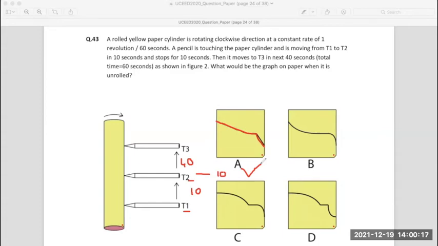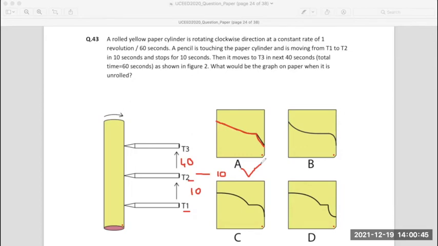Also another key to remember, if you place a pencil on a rotating cylinder, it will always draw a straight line. If you move that pencil, it will move at some angle depending on the speed of moving the pencil and the speed of the revolutions. It will always be on a straight line. Any doubts here, students?